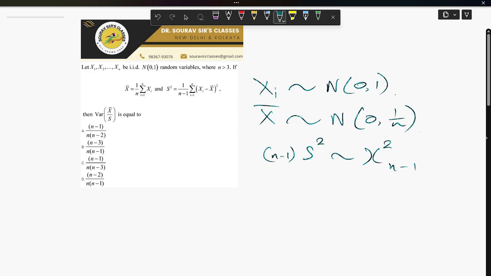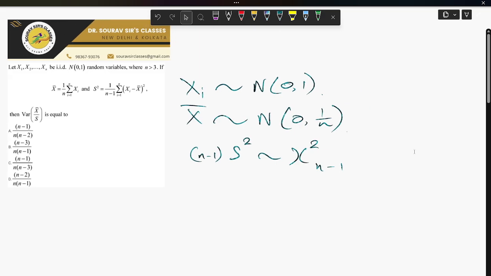So now we have to find the distribution of X bar by S. The quantity X bar by S follows a t distribution with n minus 1 degrees of freedom.